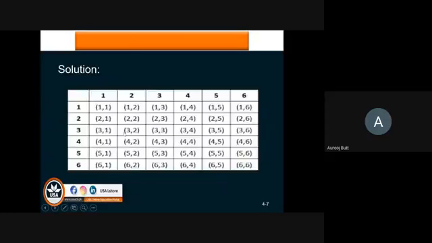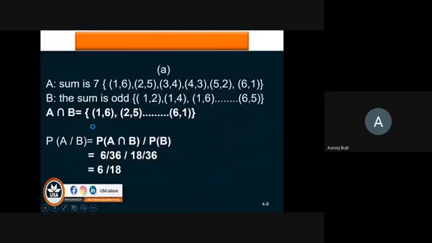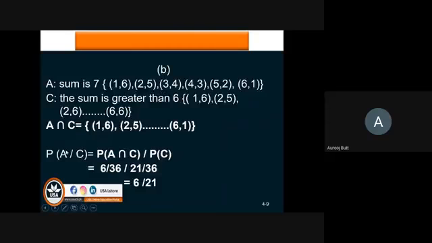So you just need to replace it by event C, because you have to find the probability that the sum is 7 given that the sum is greater than 6. According to the formula, probability A intersection C, meaning the intersection of both events, comes in the numerator, and you need to divide it by whatever is given under this condition.